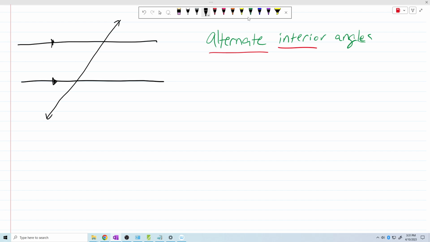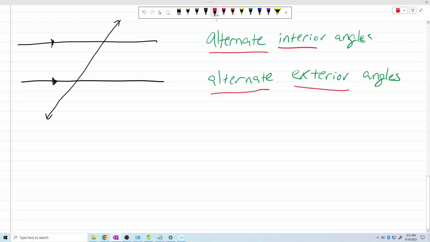And then the other idea, one of the other big ones you'll see on your quiz, on your homework, alternate exterior angles, right? Very similar. The only difference is just the word here.